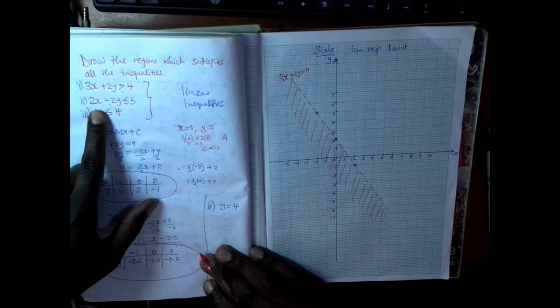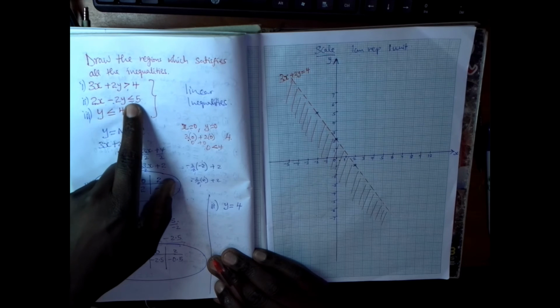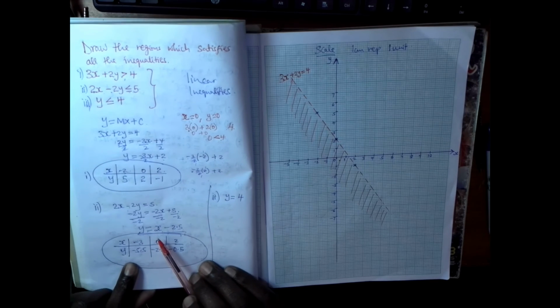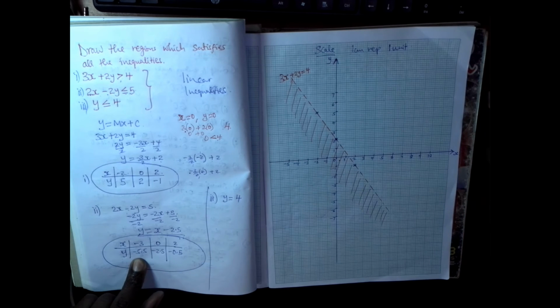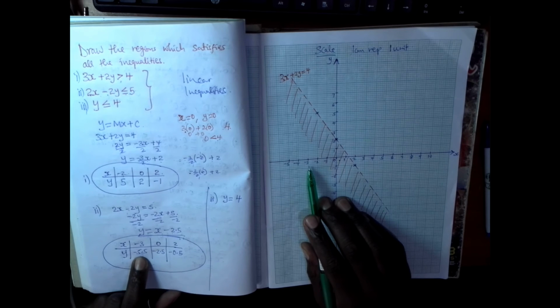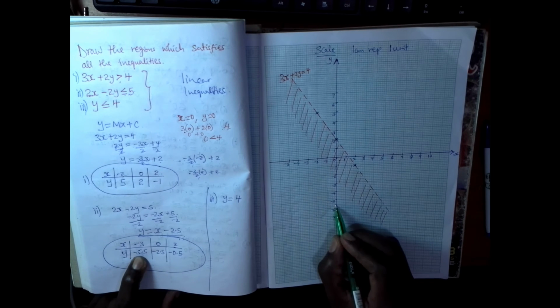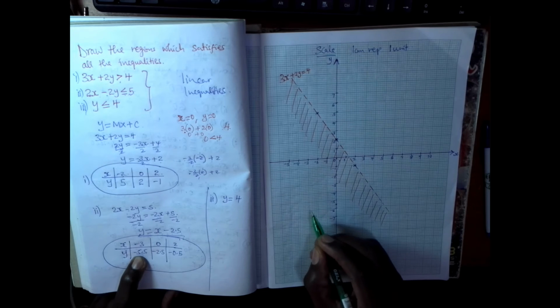We move to the next inequality, which is 2x minus 2y is less than or equal to 5. Already we came up with a table which will help us to plot the points. Now let us plot the points. When x is minus 3, y is minus 5.5, which is in between here.